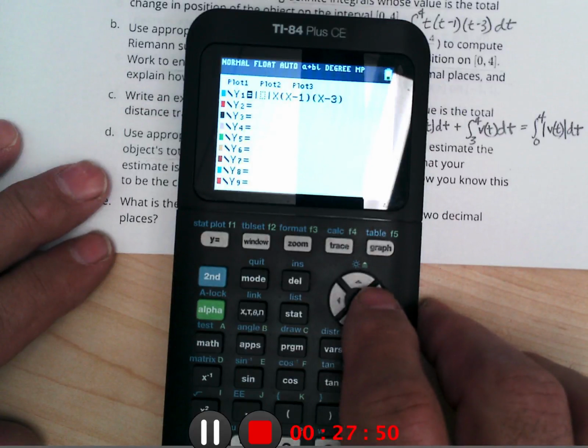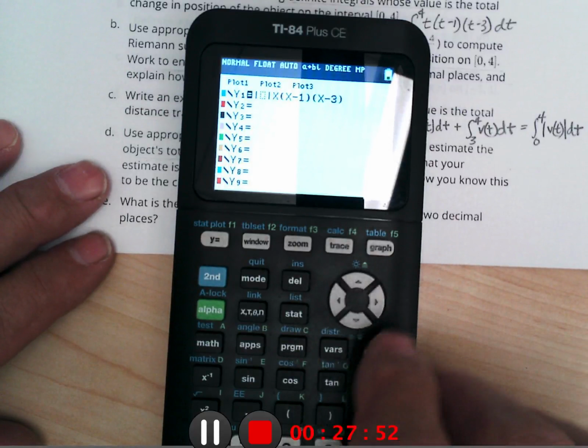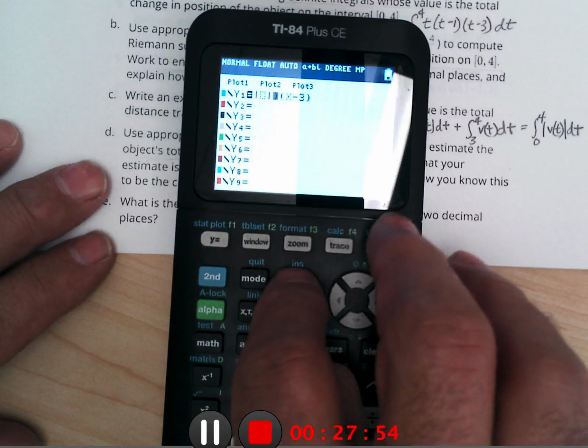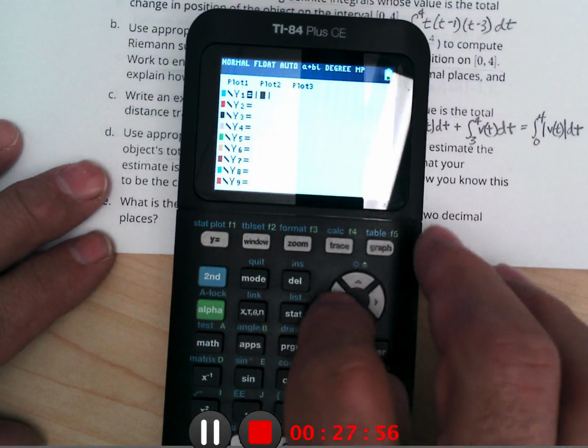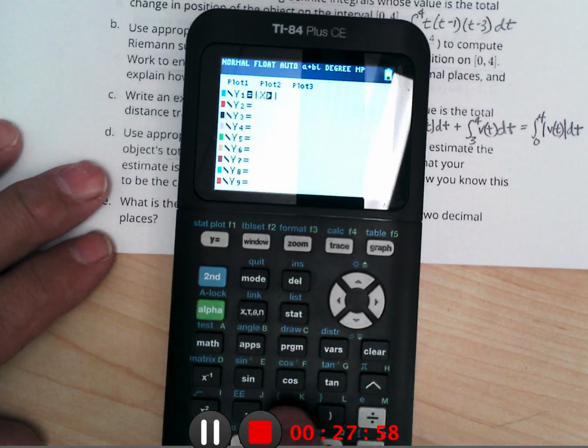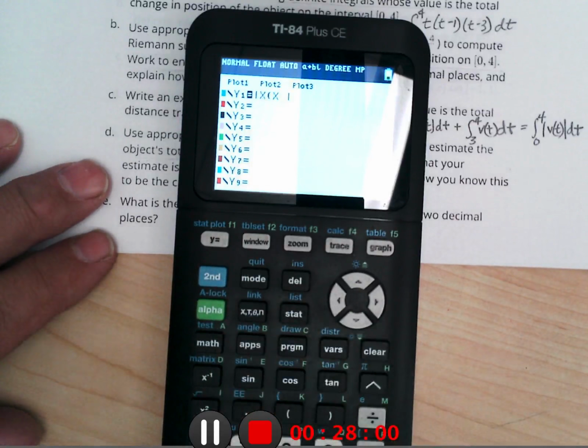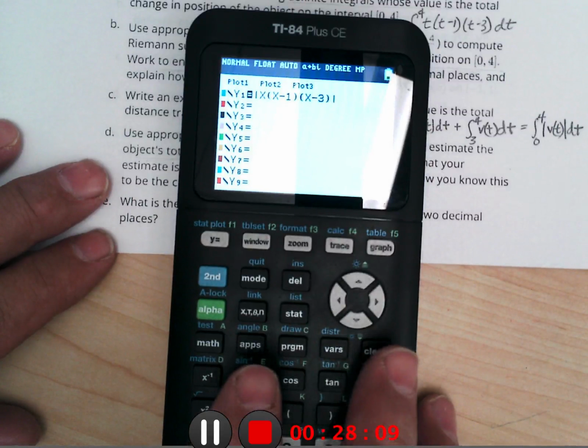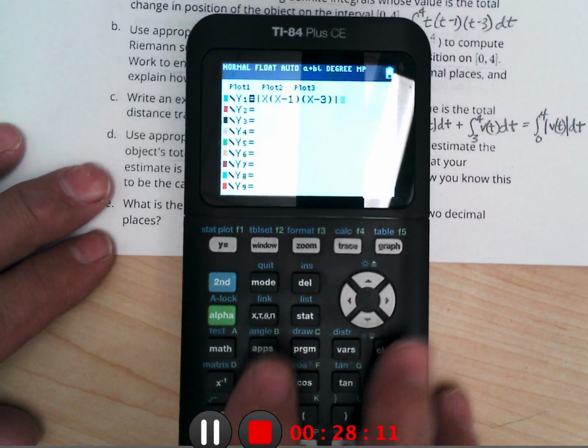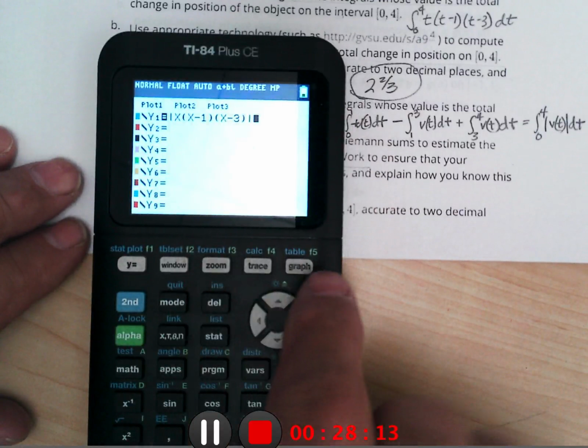All right. I'm going to put all that inside here. So x, parenthesis, x minus 1, close parenthesis, open parenthesis, x minus 3, close parenthesis. And there we have the absolute value of that. And now you'll see that that middle part is flipped up.